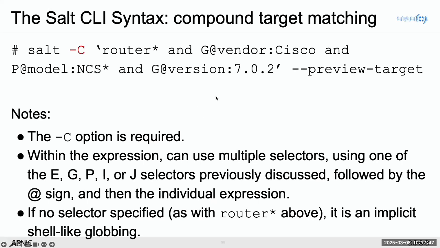Again, this is the example for the compound target. We specify -C in the option, and then within the expression we can select multiple selectors to specify what we want to achieve.